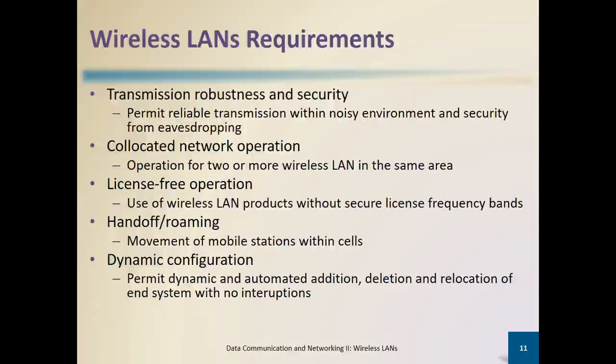Co-located network operations is another one, where you look at whether the wireless LAN can support two or more wireless LANs within a given area, within the same area. Okay, generally co-located is operations for two or more wireless LANs within the same area, and it's supported.